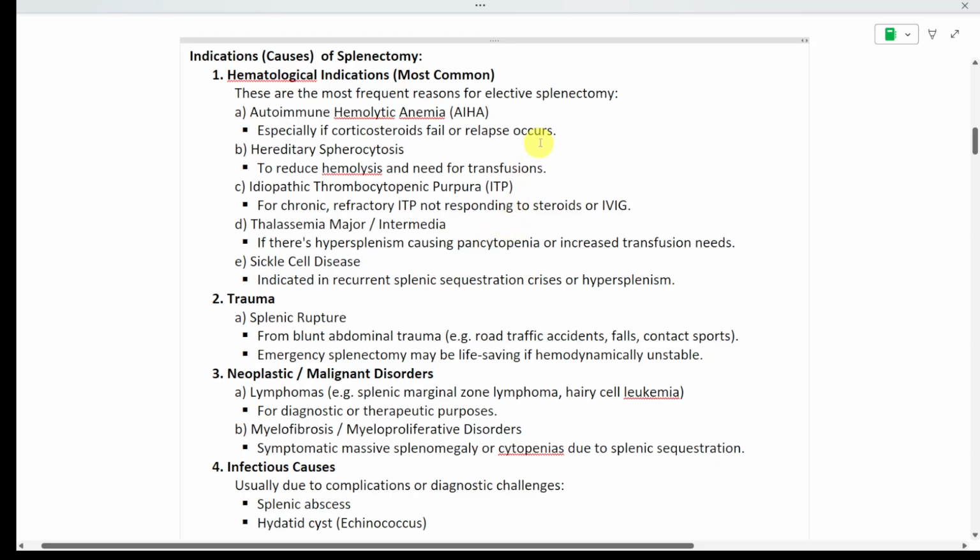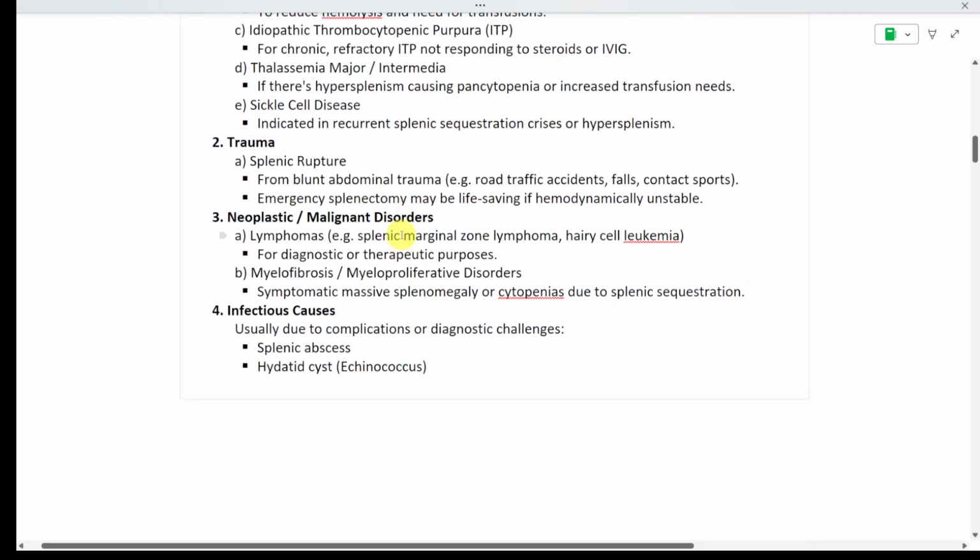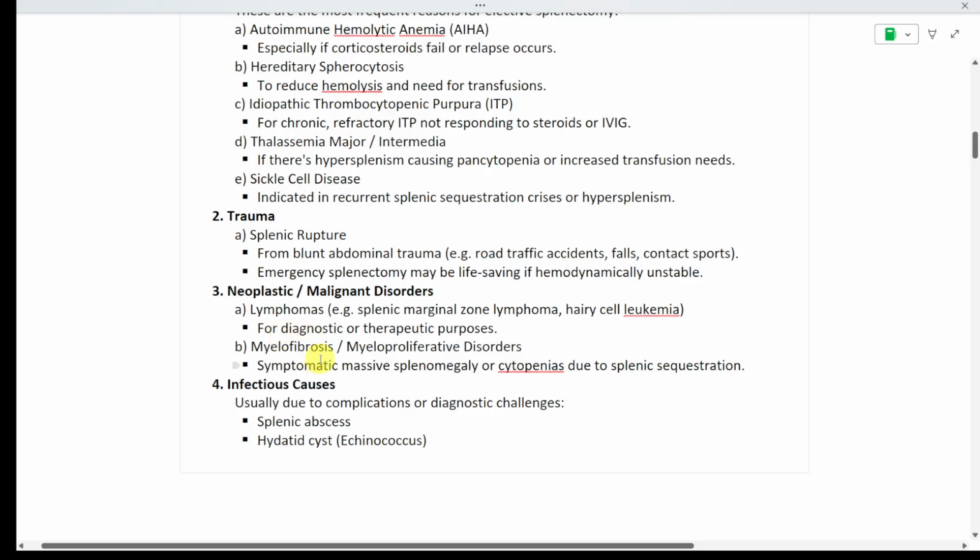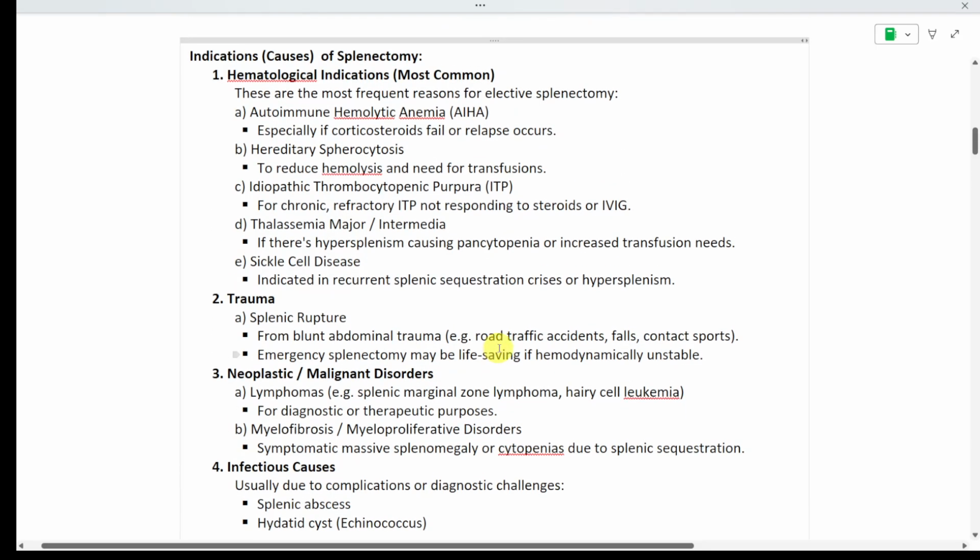But you do need to know that if it is an elderly patient, you can still find that they have had a splenectomy. So you need to know the indications of it. That would be autoimmune hemolytic anemia, hereditary spherocytosis, idiopathic thrombocytopenic purpura, thalassemia, and sickle cell anemia. Along with these hematological conditions, you can also have some neoplastic conditions such as lymphomas and myelofibrosis. So splenectomy may also be done in those cases if the spleen is causing a lot of trouble.